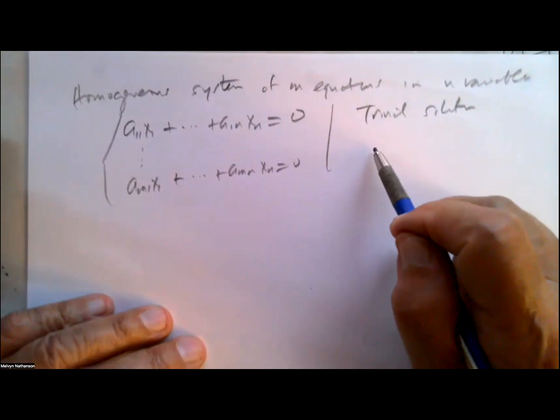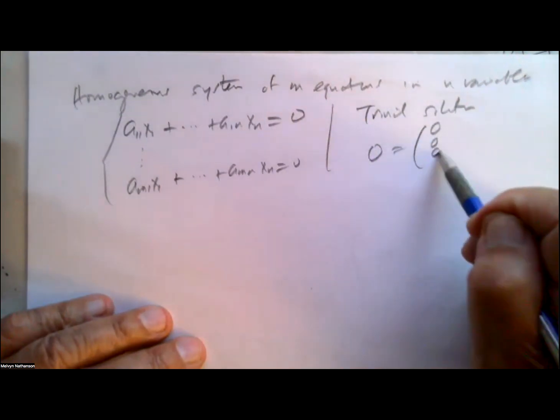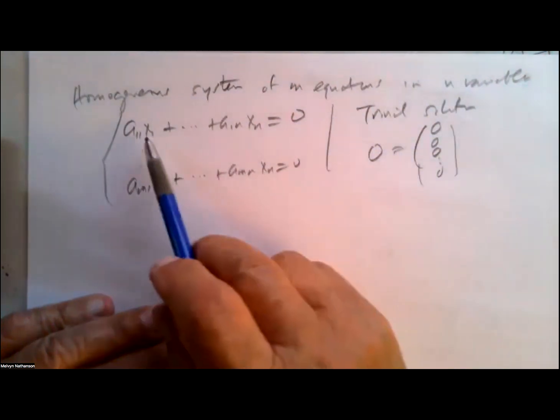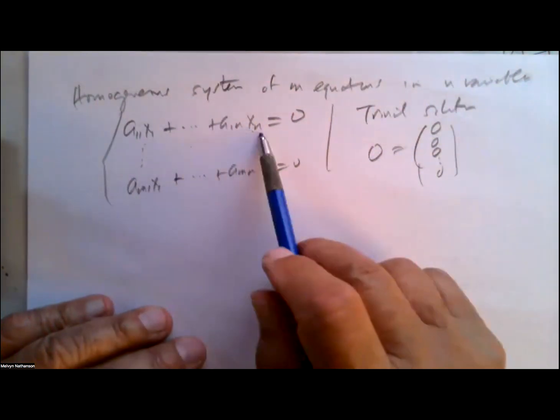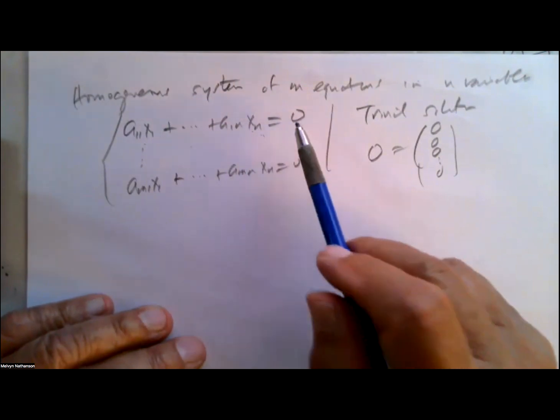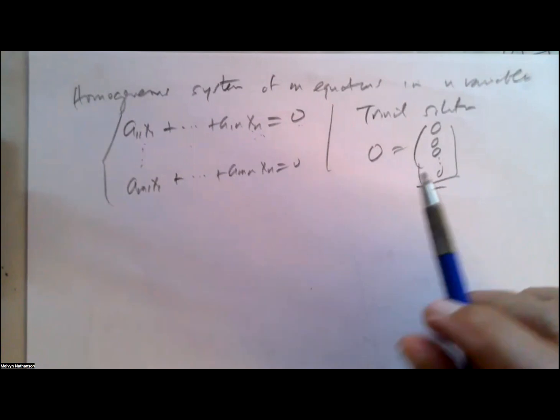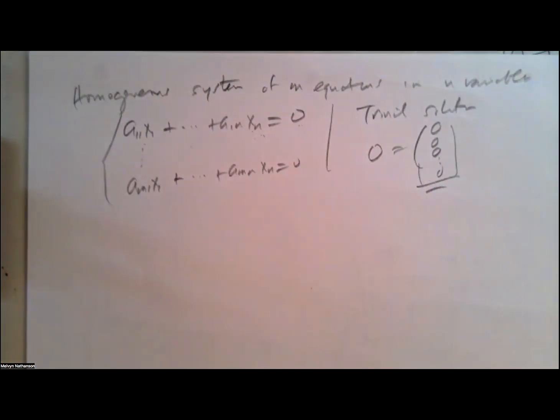The trivial solution is the vector where every coordinate is 0. Because if you let every xi equal 0, then of course you get 0 on the right-hand side equal to 0 on the left-hand side. So a homogeneous system of equations always has a trivial solution. And an interesting question is, when might it have a non-trivial solution?